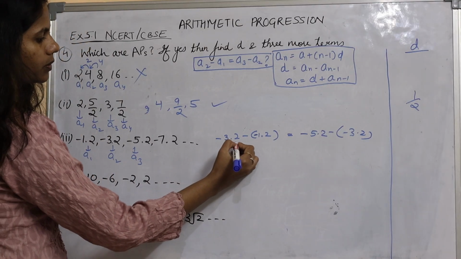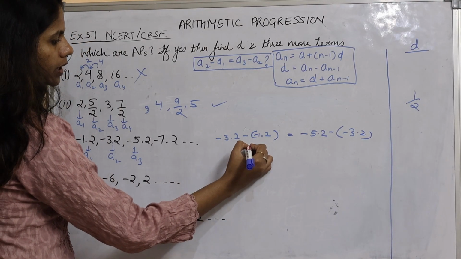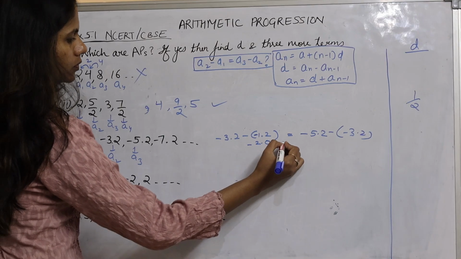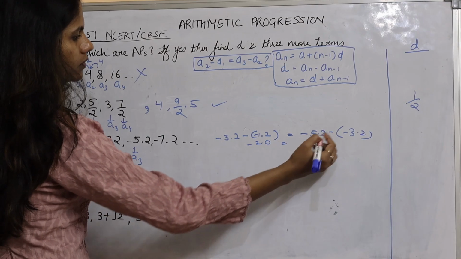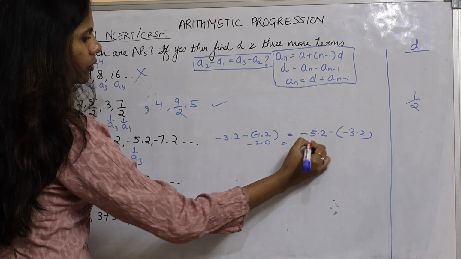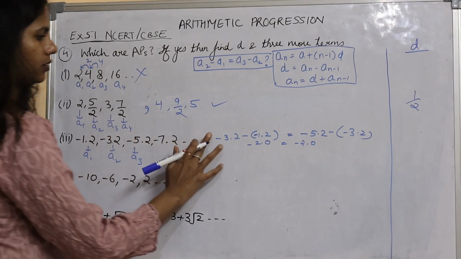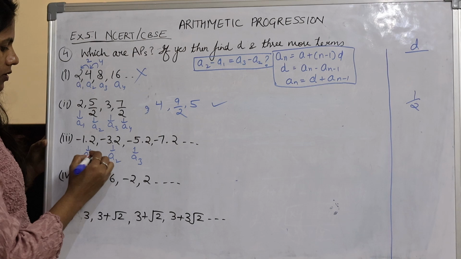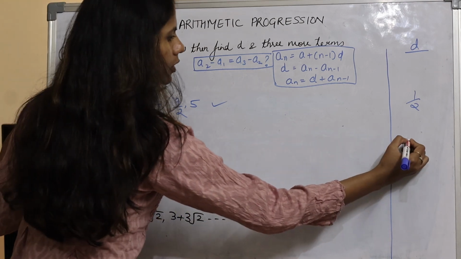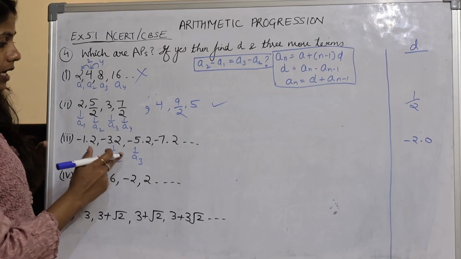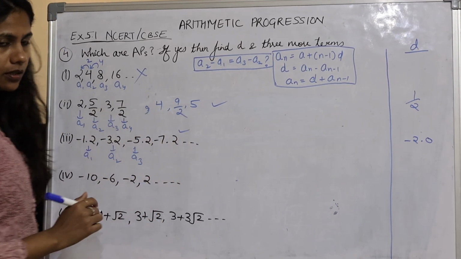So this will become minus 2.0. Now here this will be again minus 2.0, which is equal. So the common difference is minus 2.0, and since the gap is same, this is an AP.